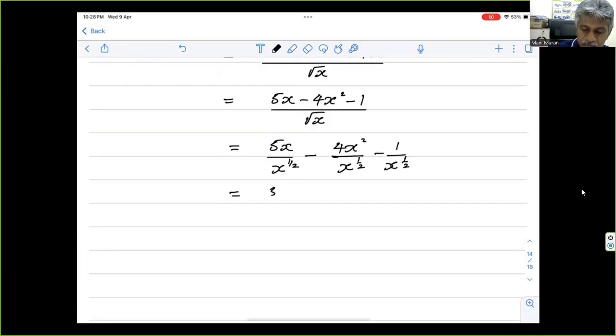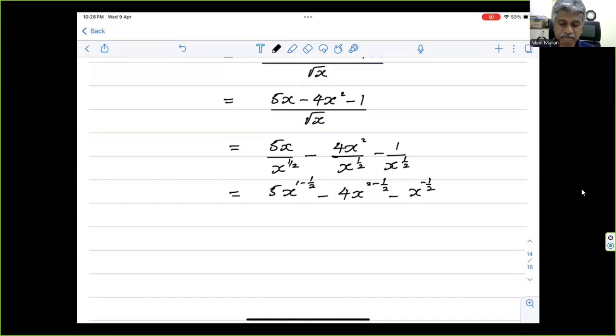So you get 5x, this will be 1 minus half, minus 4x squared minus half, minus x power negative half. Okay, so remember at the bottom you got power half, right? So when you bring it on top, it becomes minus half.